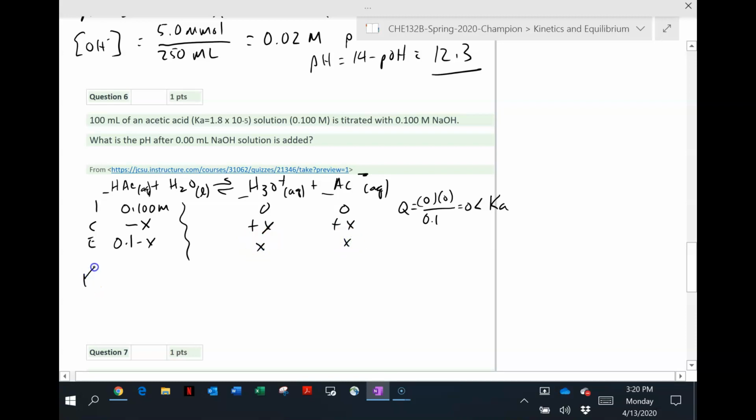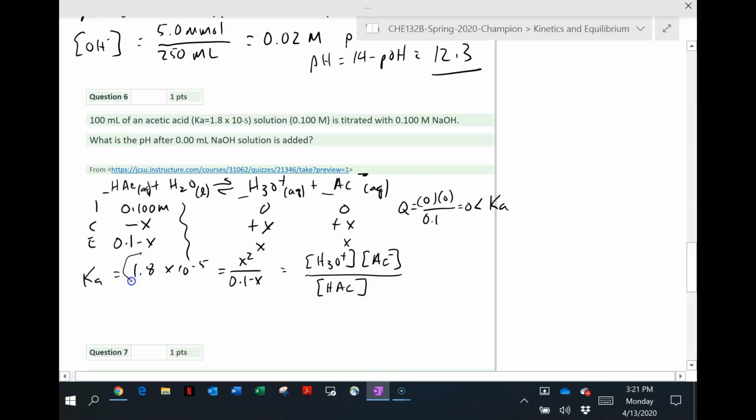Now we're going to plug those in to our Ka expression, which is 1.8 times 10 to the negative fifth is our value for the Ka. That's going to be equal to x squared over 0.1 minus x, where x represents the hydronium ion, x is the acetate ion equilibrium concentration, and then on the bottom we have the equilibrium acetic acid concentration, which is 0.1 minus x.